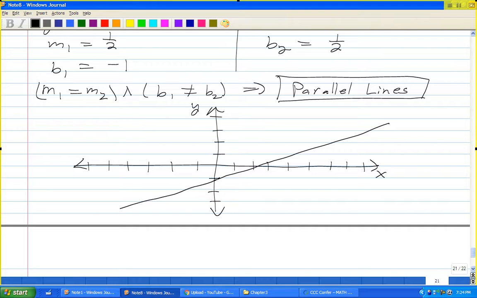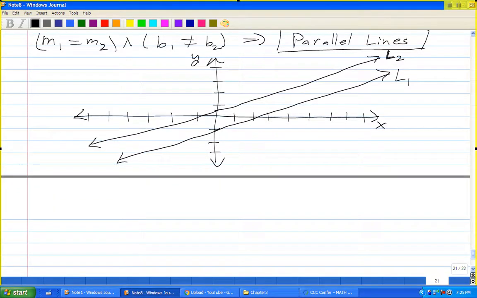Good enough. That's L1. Next one is at positive 1/2, over 2 up 1. Good enough. That's L2. And so there's no point of intersection, so this has no solution, since they're parallel lines.